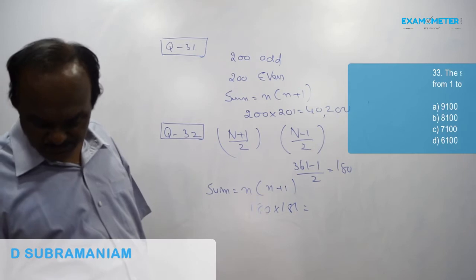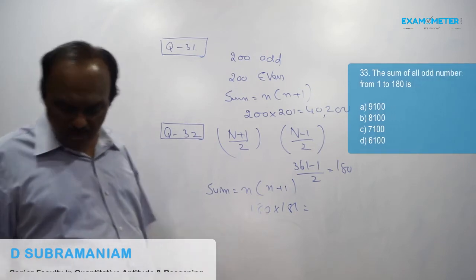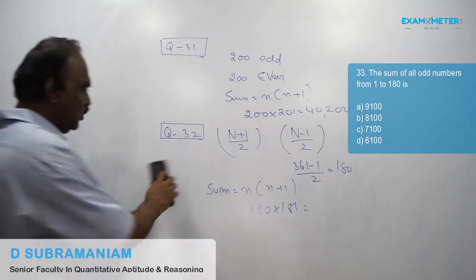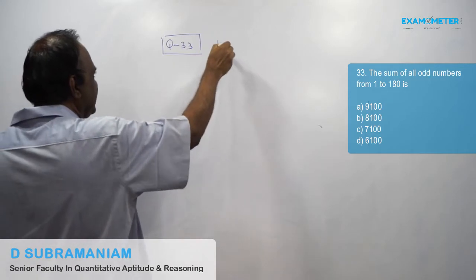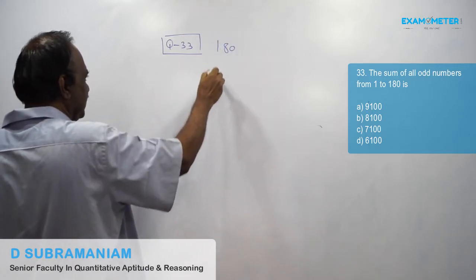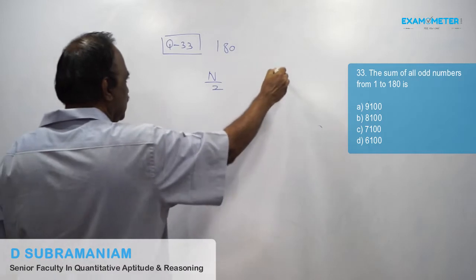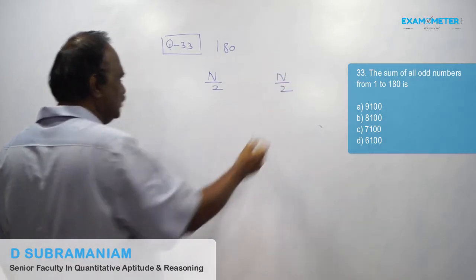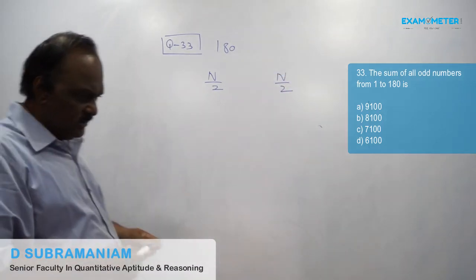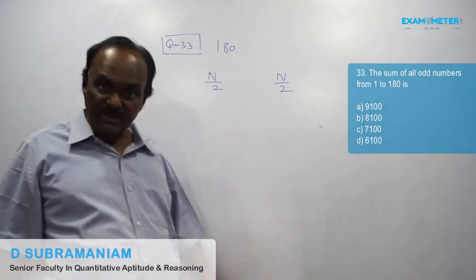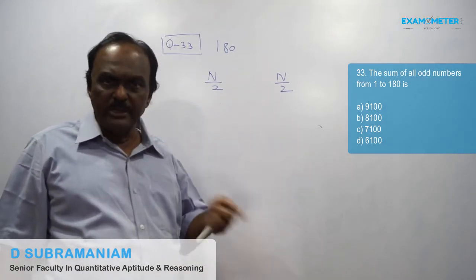Question number 33. The sum of all odd numbers from 1 to 180. Since 180 is an even number, there will be n/2 odd and n/2 even numbers.